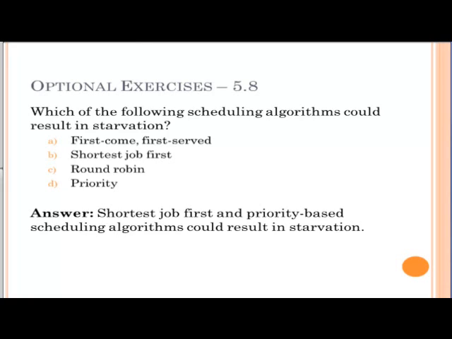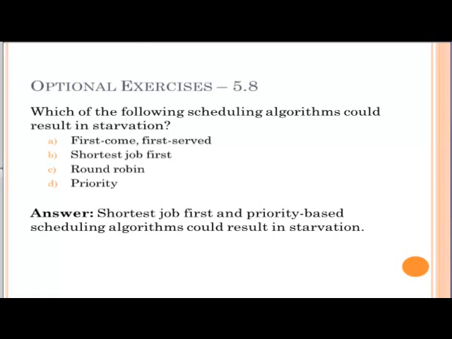Shortest job first, if there's a long job, and every time there are shorter jobs coming in, forever, that long job will never get done. So that's why that will be starvation. Round robin will continue until they're all done, so this will not run into starvation. Priority is similar to shortest job first.